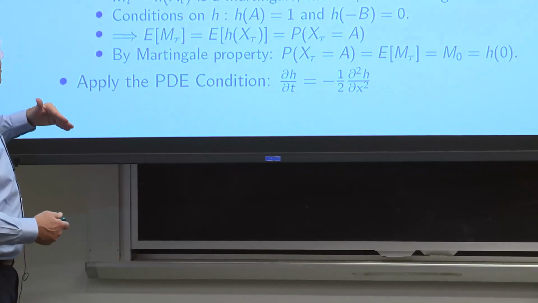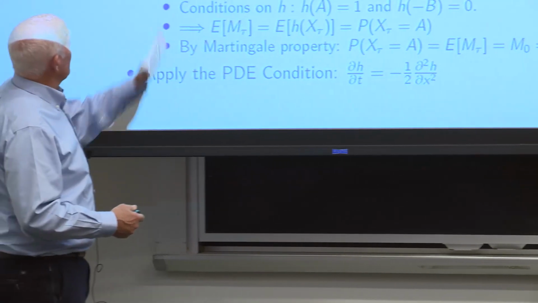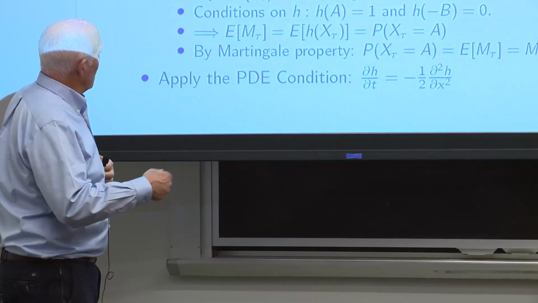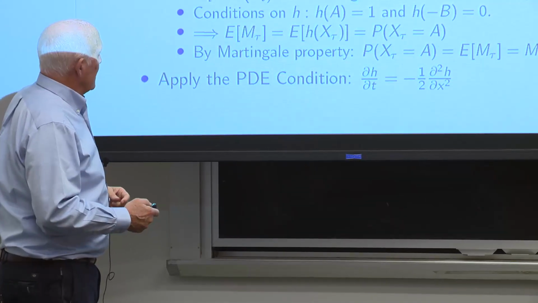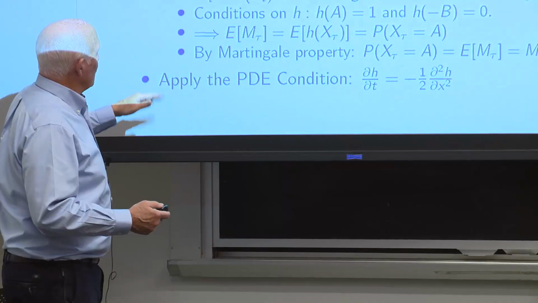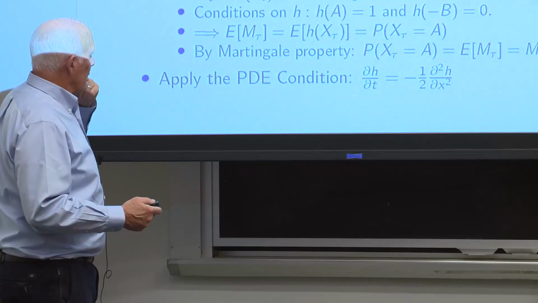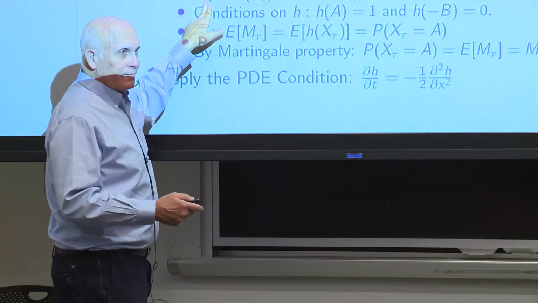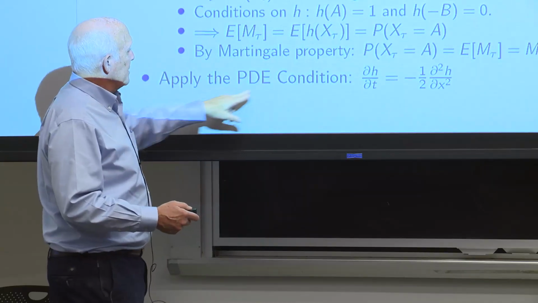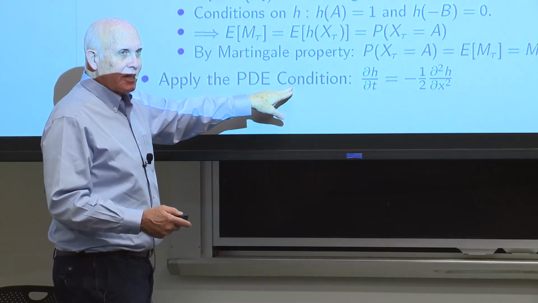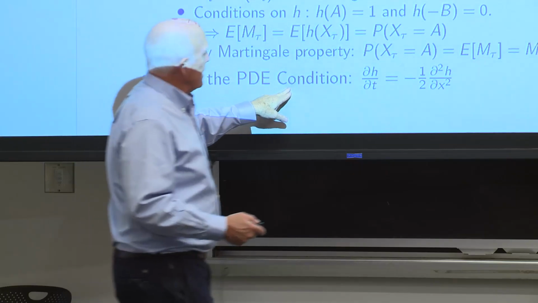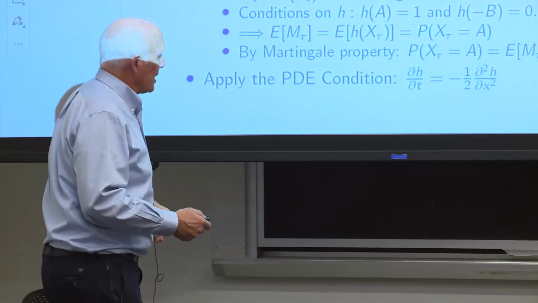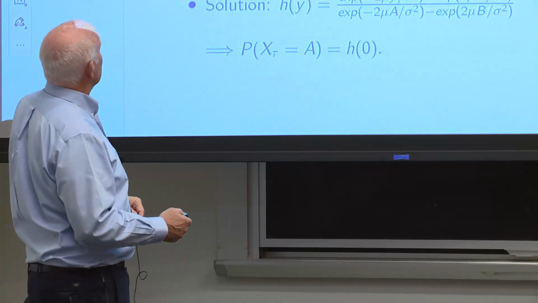So we're starting at 0 with the X process, and it either moves and hits A or hits minus B. In order for this h function to be a martingale, we have to have that the PDE condition is satisfied on h. So the partial of h with respect to t is equal to minus a half the second partial of h with respect to x.